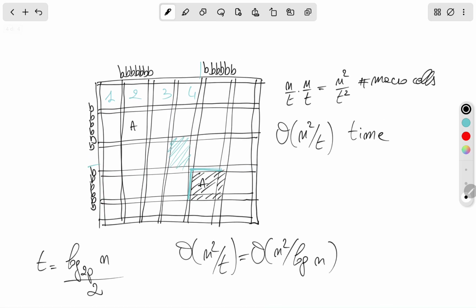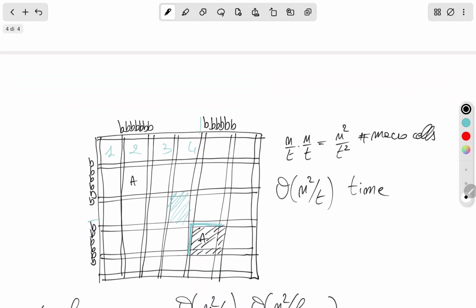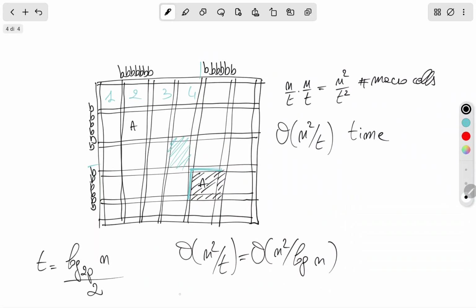And my big O of 2p and 2t, this one becomes big O of n.